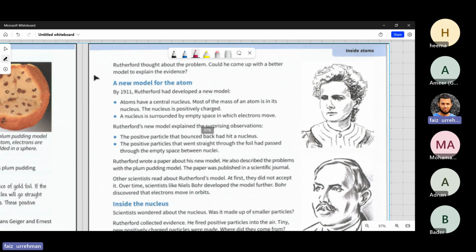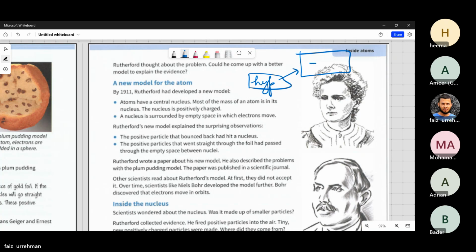Okay. So a new model for the atom. Now, see, this is how humans learn. They make an assumption, they make a hypothesis, then they check it. If it is correct, and if you prove it to be correct, it will be accepted. But if your discovery was wrong, then someone has to prove it wrong.